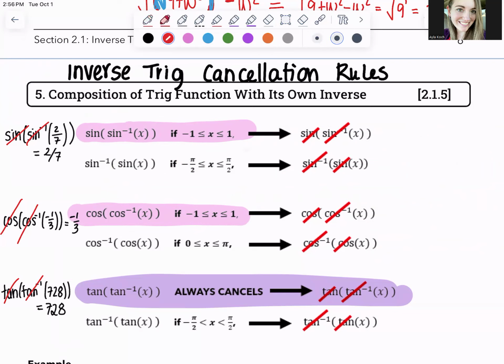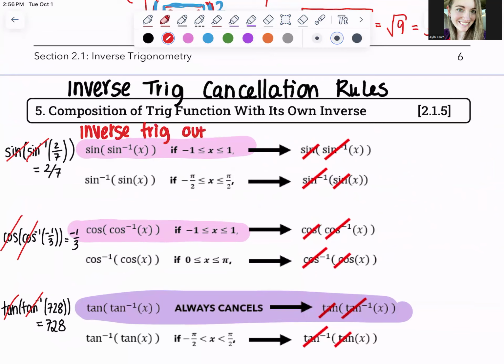And inverse trig outputs an angle. Inverse trig outputs an angle. I know you've heard me say it like 12 times at this point, but it's so important. I know sine inverse can only output angles between -π/2 and π/2.